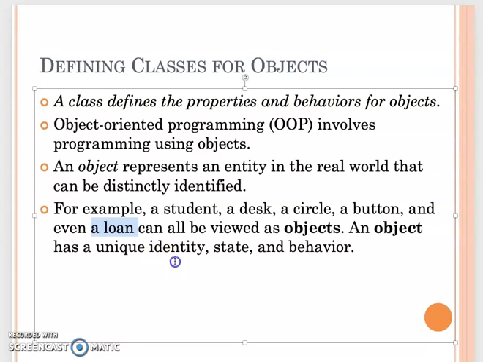An object has a unique identity, state, and behavior. For example, take the chair you are sitting on now. That's an object, and your chair has its color, weight, length, width, and height, so we say it has a unique identity.